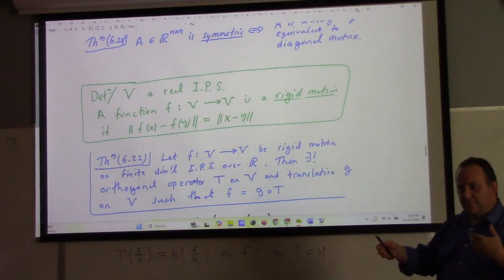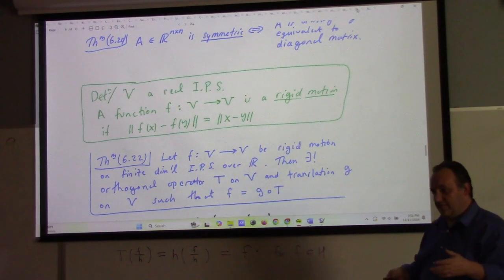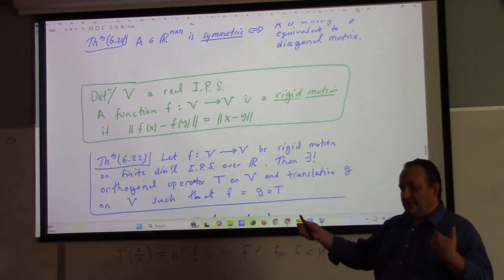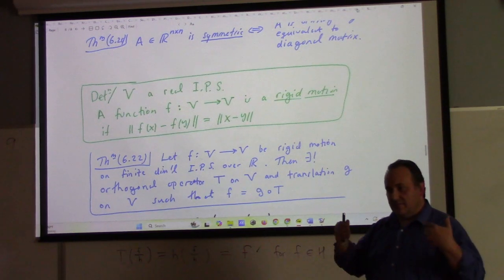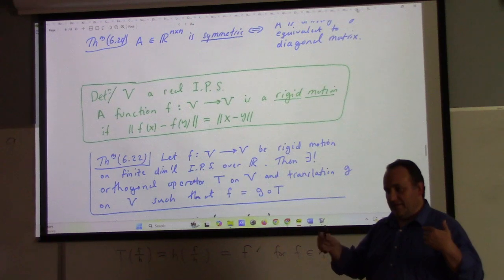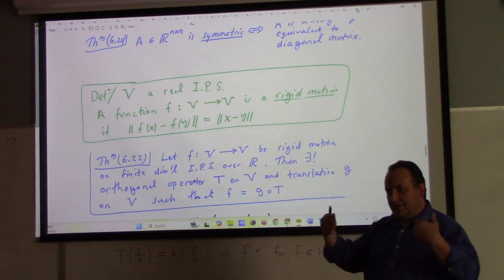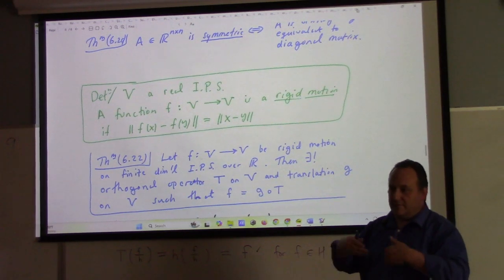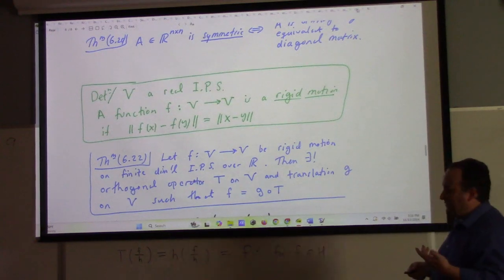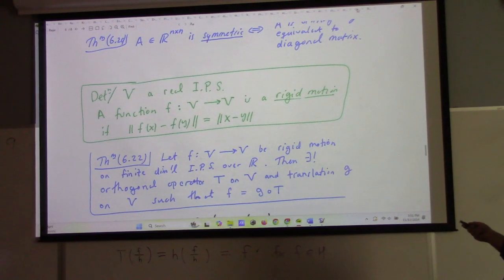Translation is technically not a linear transformation, because if you're translating by a non-zero vector, what's T of 0 go to? If we're translating by the vector P, T of 0 is equal to P, which is of course not equal to 0, so it's not a linear transformation, but translation is nevertheless pretty simple. And it turns out that any rigid motion can be written as the composite of a translation and an orthogonal transformation.